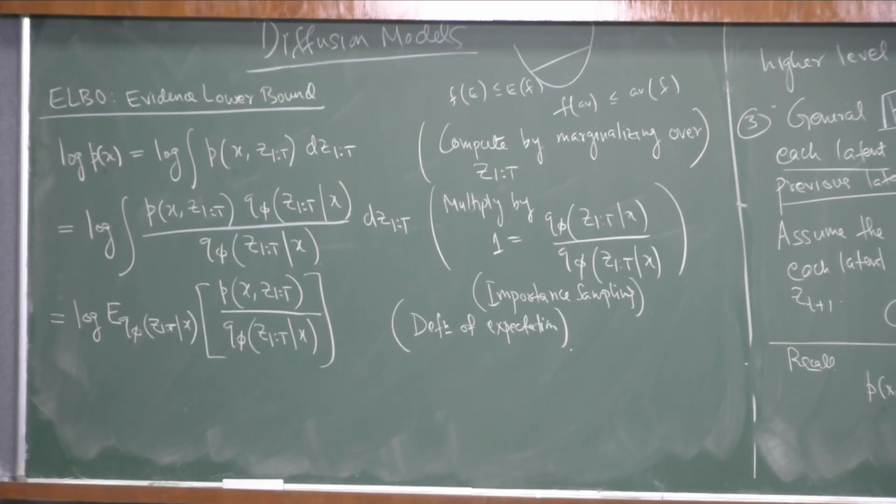But this is a concave function, so the same inequality changes. That's for the convex. Now since log is a concave function, it's the other way around, so the same inequality gets reversed.